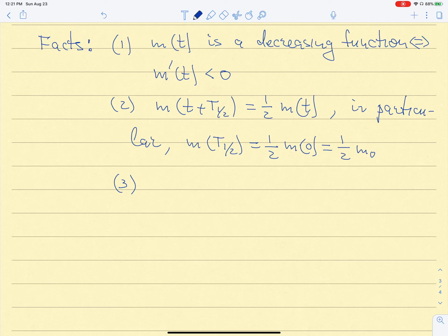So that means that the more mass you have, the faster that mass will decay, because the more mass you have, the more mass you will lose at any moment of time. So larger samples decay more quickly.